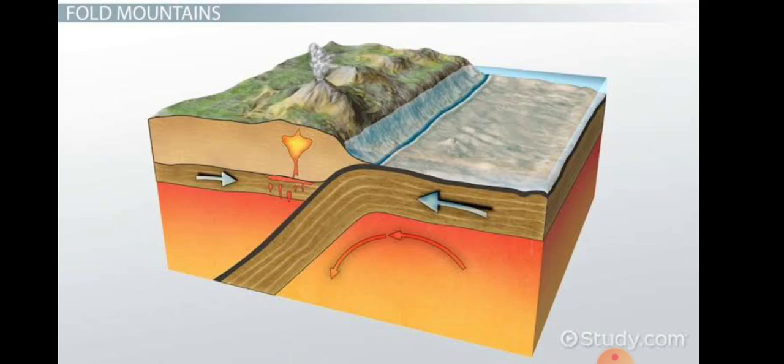Rocks and debris are warped and folded into rocky outcrops, hills, mountains, and entire mountain ranges. This is the formation of the fold mountain.